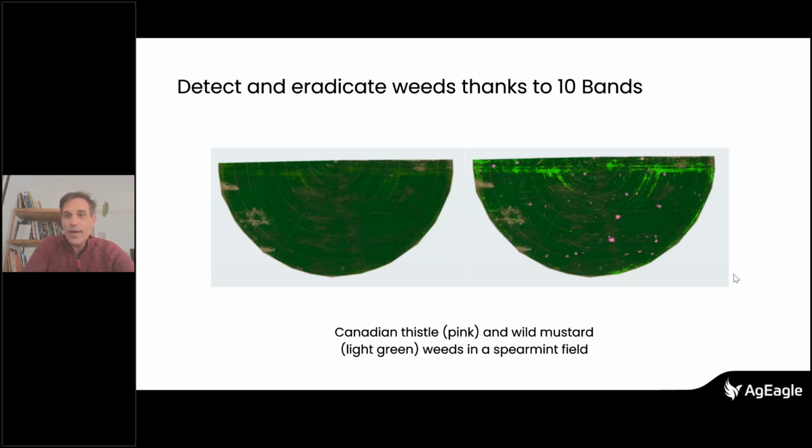What else here? Oh yeah, what I was talking about, the more bands we have here, that makes it possible to do species identification, right? To identify a species, especially if it's in this case weeds, mustard weed, or if you're doing biological mapping and want to differentiate between species, there are different dimensions, right?